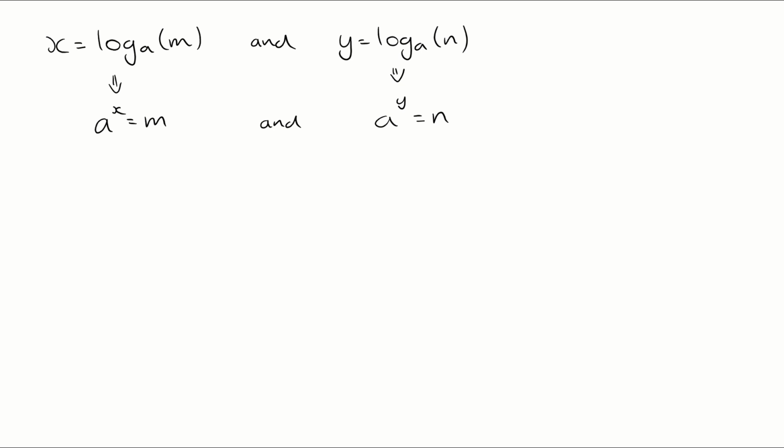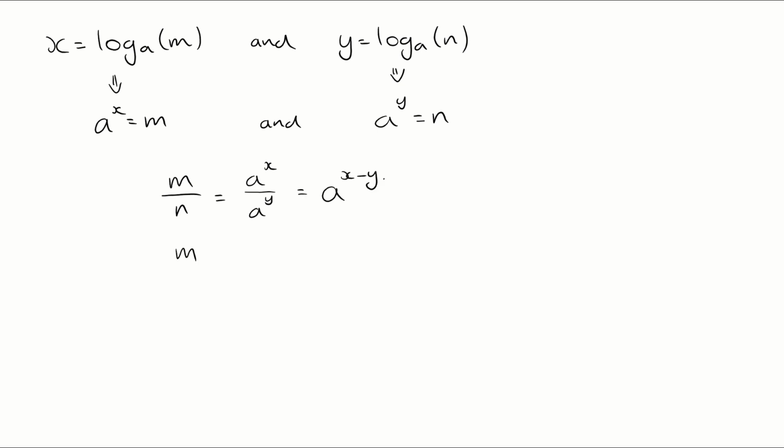Now, instead of multiplying m and n together, let's divide m by n. So m over n is just equal to a to the power of x divided by a to the power of y. And another way to write that would be a to the power of x minus y.